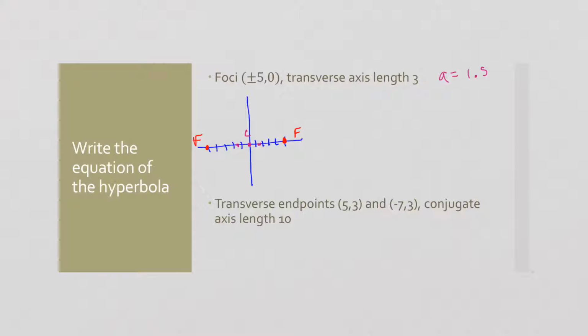Now we also know that C is the distance from the center to the foci, and so our C is 5, which is going to help us find B. Remember, our Pythagorean relation is C squared equals A squared plus B squared.